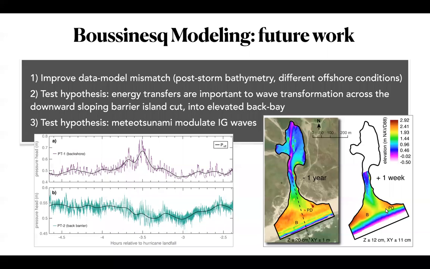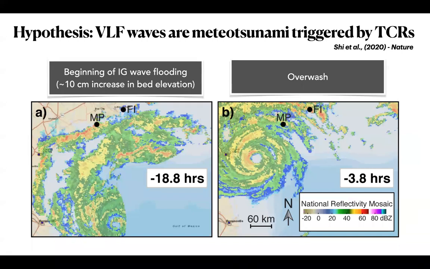I also hypothesized that these very low frequency oscillations are meteotsunami driven by tropical cyclone rain bands. To look at that hypothesis, well, first, we know that meteotsunami can be triggered by tropical cyclone rain bands. I encourage you to read this paper by Lumin Shin and Maitane Olabarrieta.